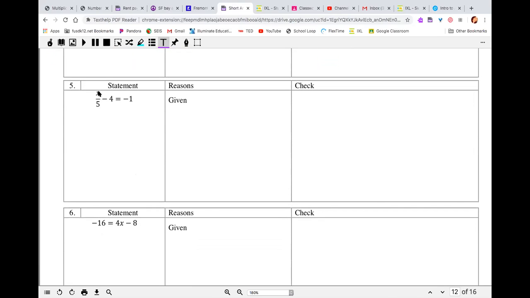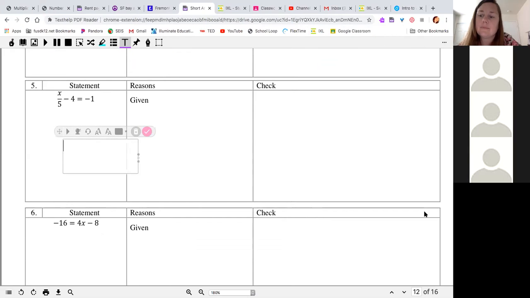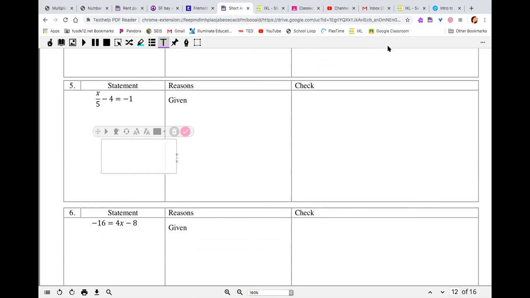Okay. So I have x divided by 5 minus 4 equals -1. So what am I going to do first? Plus 4 on both sides. Do you agree with that, Evelyn? Yeah, okay.